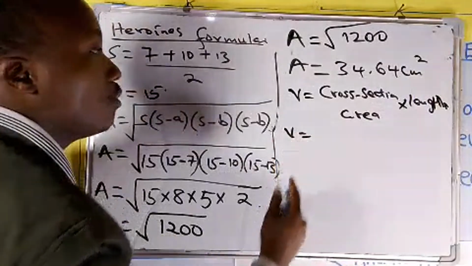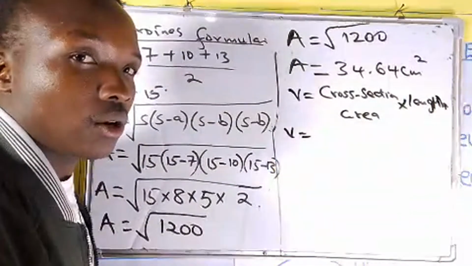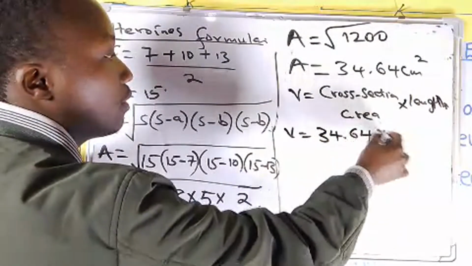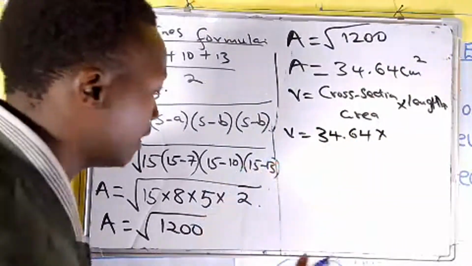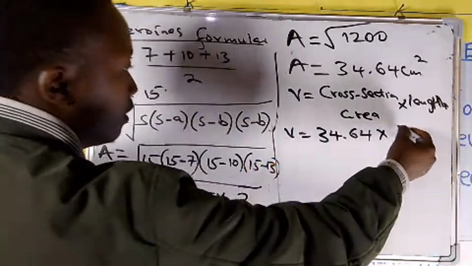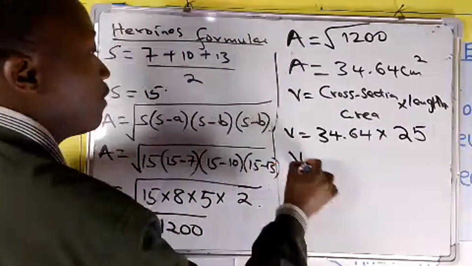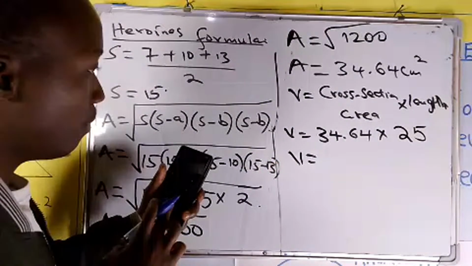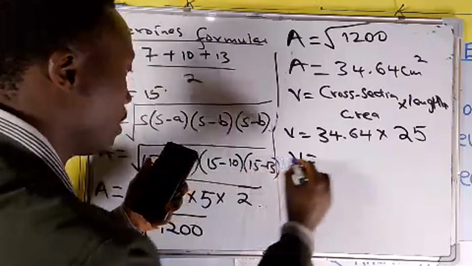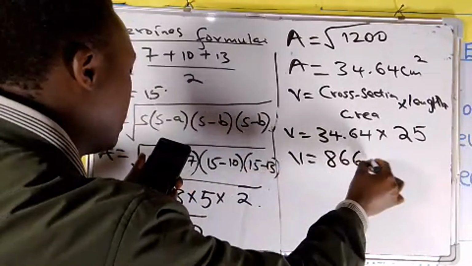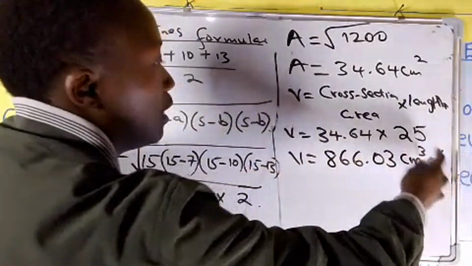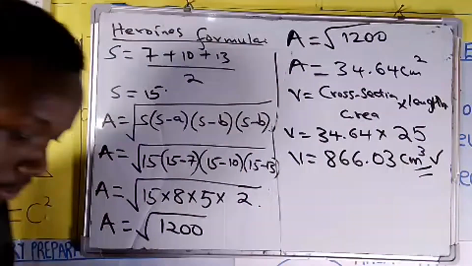So our volume will be cross section area, 34.64, times our length, which was 25 from our question. So the volume is going to be 34.64 times 25, which is equal to 866.03 centimeters cubic.